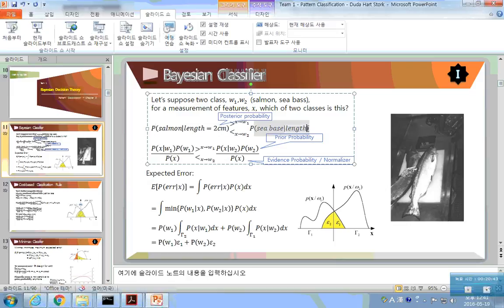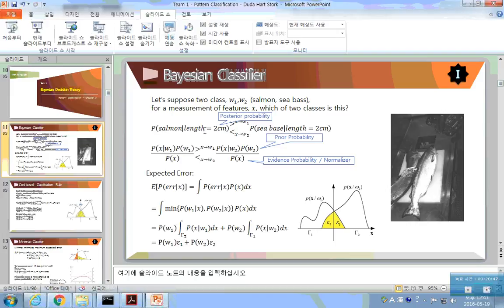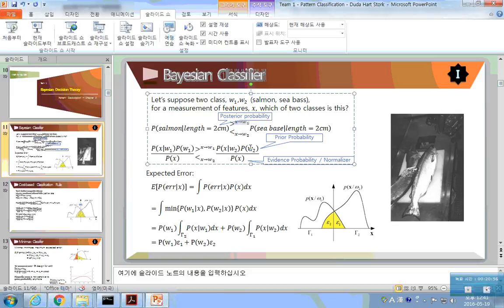This is a given now because I already measured it. If the probability that this 2 centimeters comes from a salmon is higher than the probability that this 2 centimeters comes from a sea bass, I will say this is a salmon. Otherwise, I will say this is a sea bass.